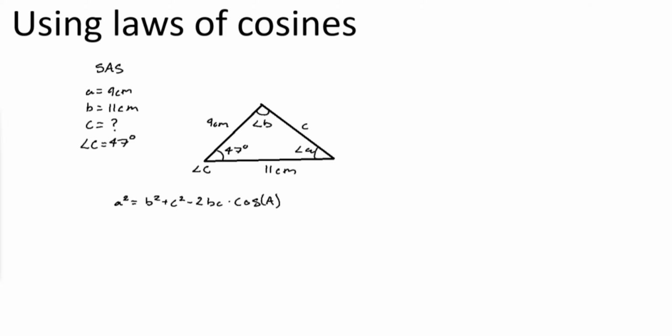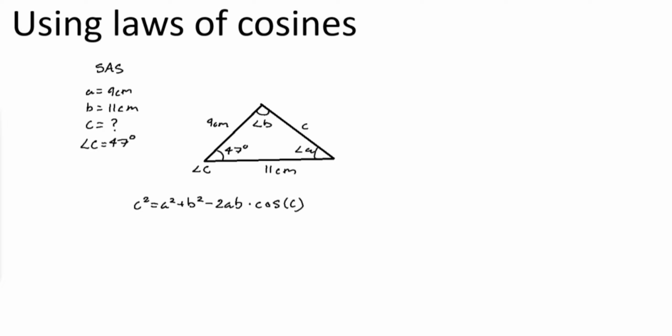For this example, since we already know side A and side B, we're not going to use this equation. We're going to get a little specific here. We're going to use the equation c squared is equal to a squared plus b squared minus 2ab times the cosine of angle C.